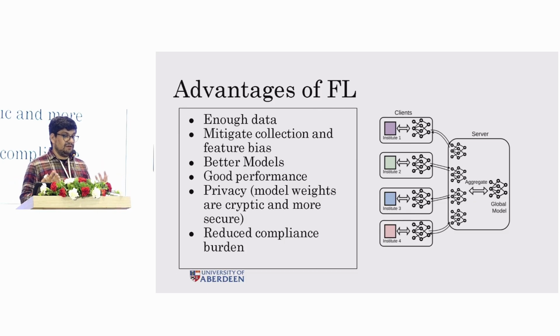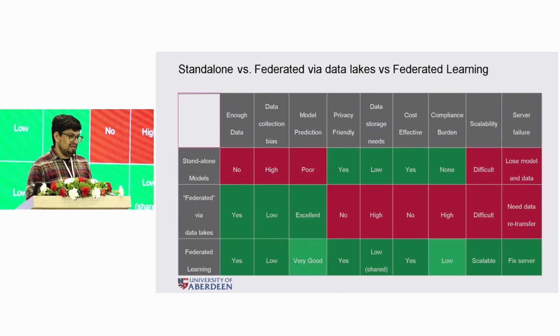That kind of thing can also be mitigated with federated learning: better models, good performance, privacy, and reduced compliance burden. I mean, if the system does not disclose the information of the patients, then the compliance burden can also go down.